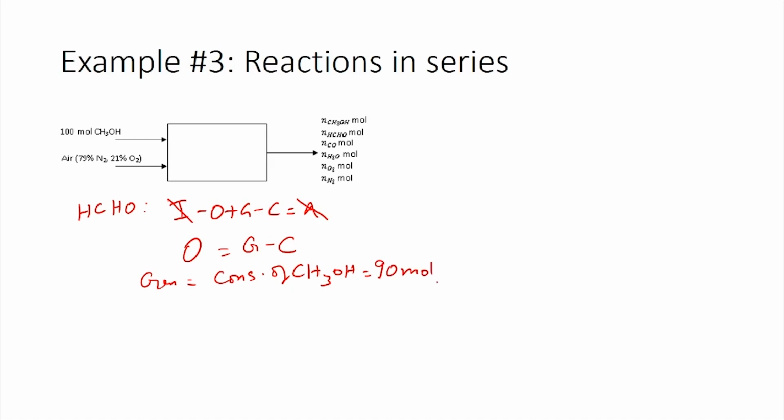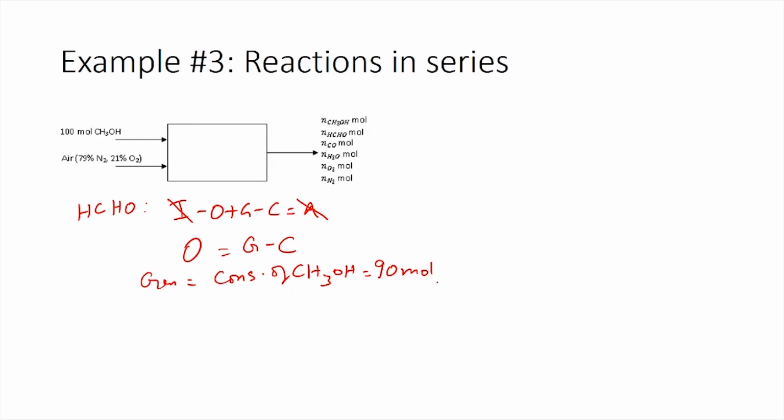However, we have also been told that the actual yield of formaldehyde is 75% of the theoretical yield of formaldehyde based on methanol fed. So, this means we would have to assume the theoretical yield to be the amount of formaldehyde which would have been produced had the methanol been fully converted only to formaldehyde. So, this would result in 100 moles of formaldehyde being formed.